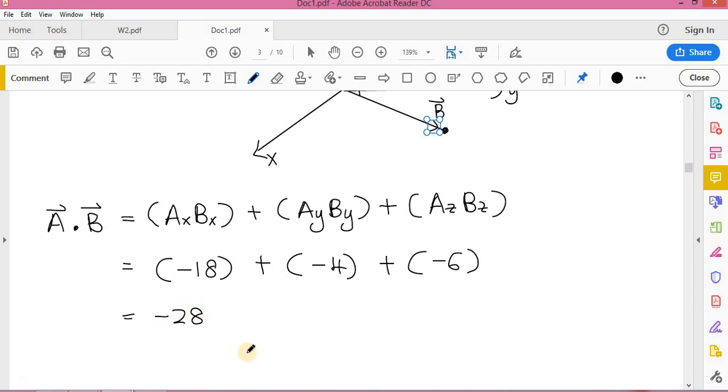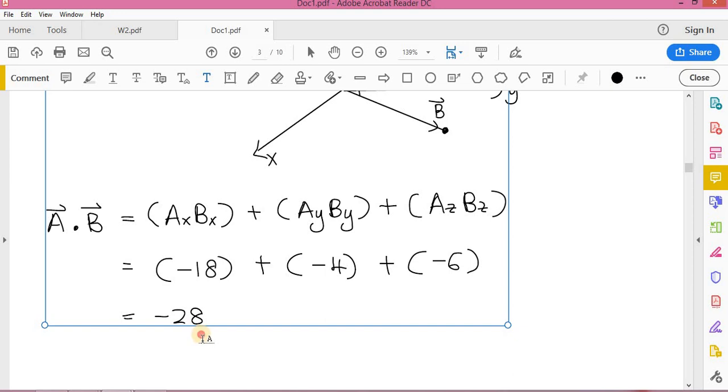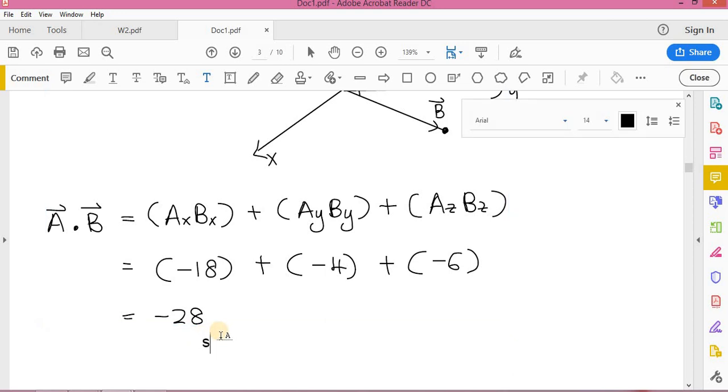You don't have any more ijk here, even though your initial parameters are vectors, after you perform a dot product you get a value without direction. So for dot product, sometimes we call it a scalar product, because at the end of the solution you will get a scalar quantity.